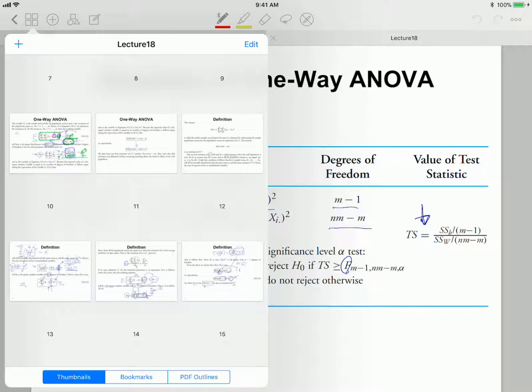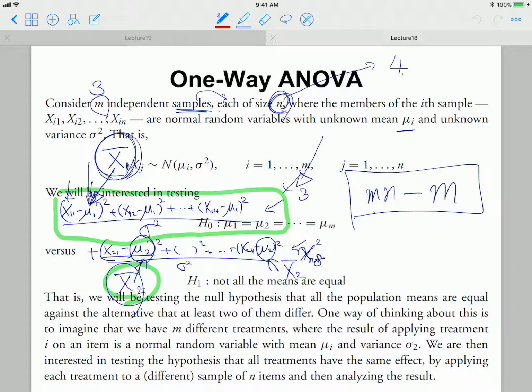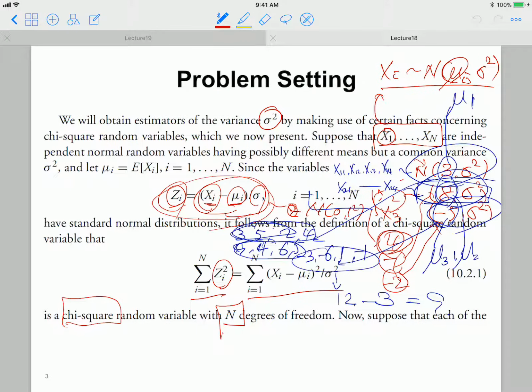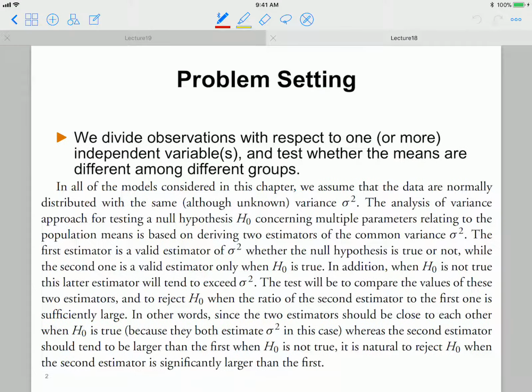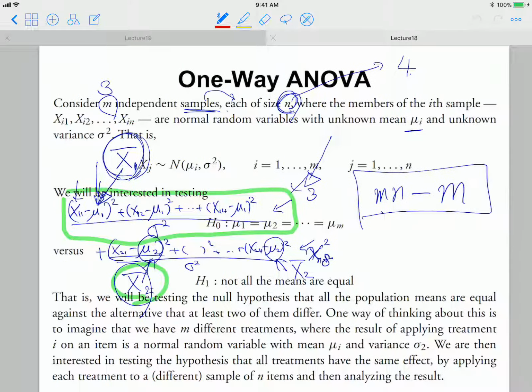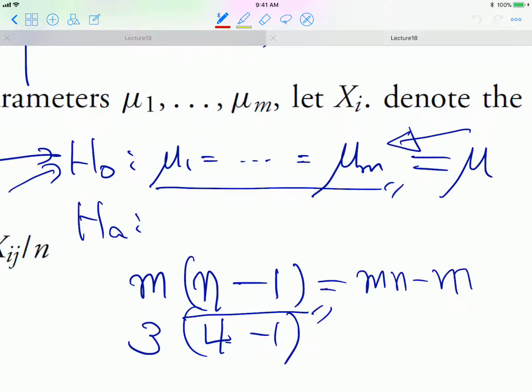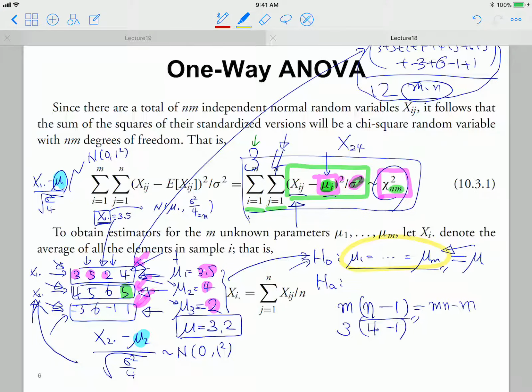So we want to test the hypothesis of... Let me try to find it. Okay, so we want to test these two hypotheses where the means of different groups are all the same, or at least one of them is different from the other means. So that was the main task that we want to perform our hypothesis test on.